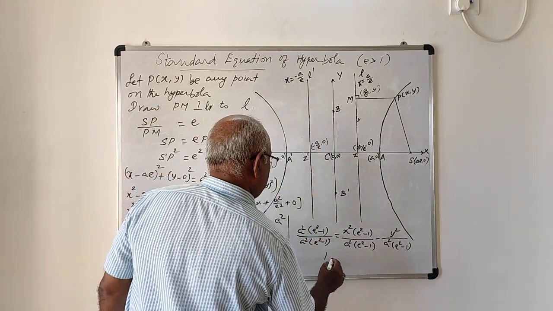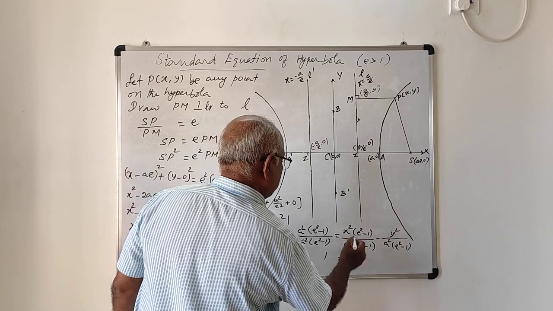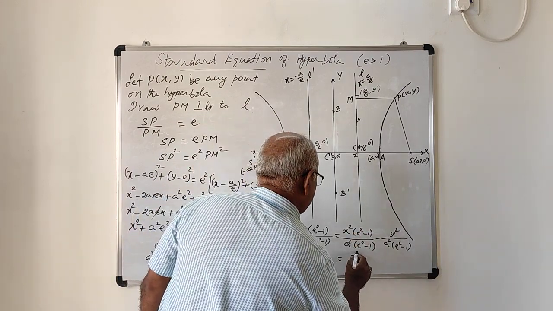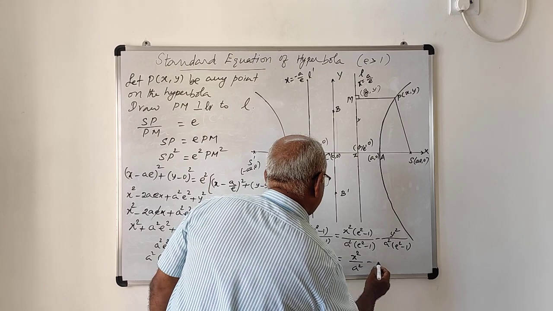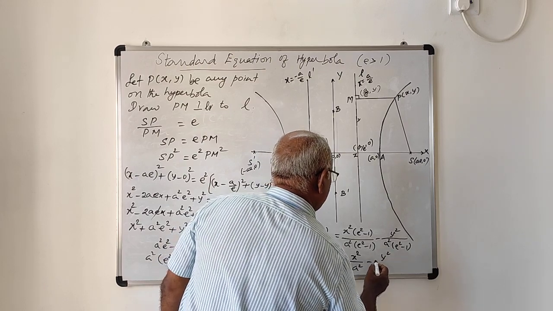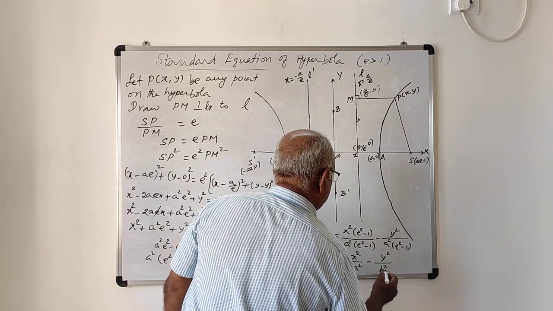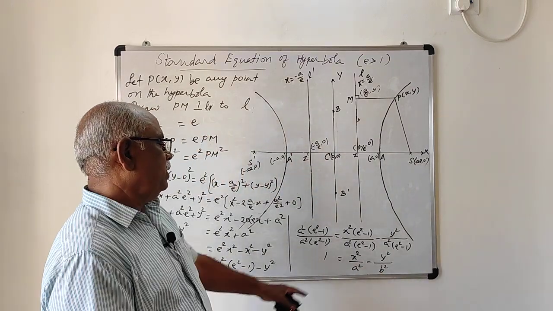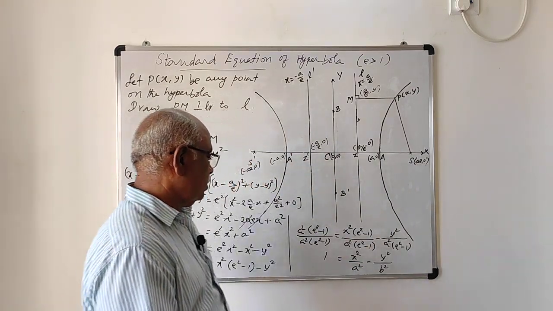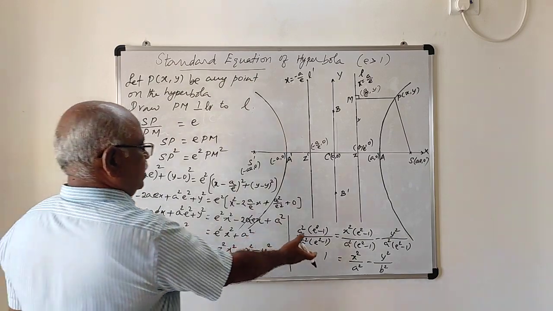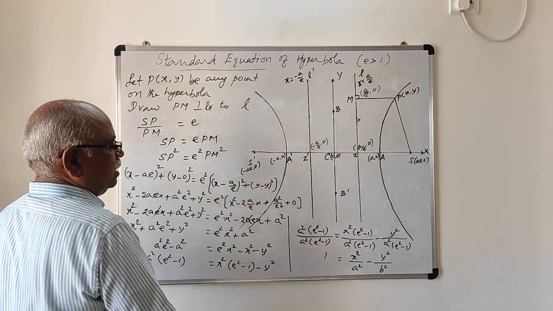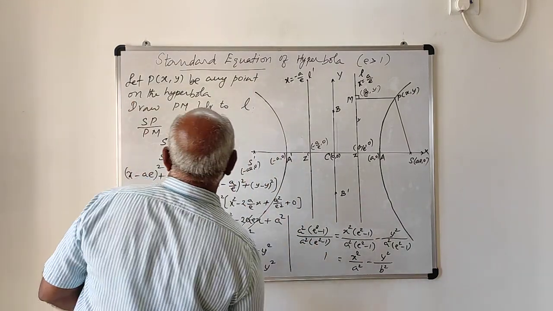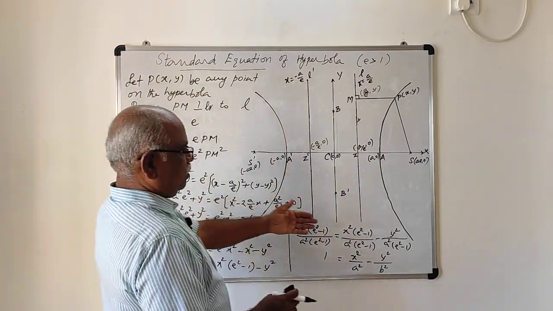Cancelling, numerator and denominator cancel. You will get x square by a square minus y square by b square equal to 1, where b square is a square into e square minus 1.